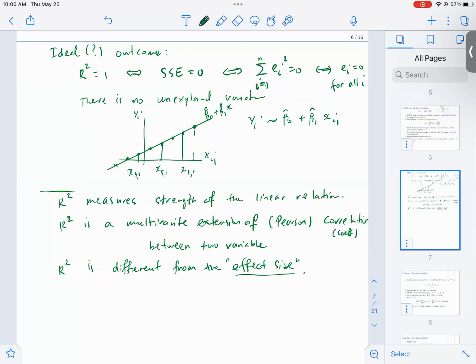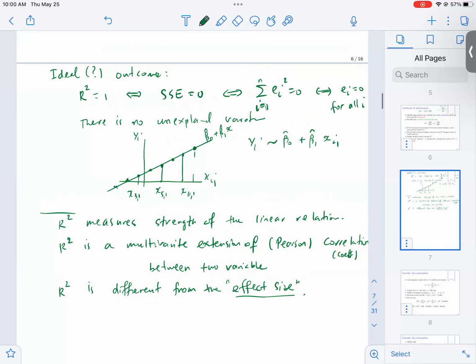What is the effect size? Has anyone heard that? Usually they refer to the values of the beta hats that you estimate, or the actual betas. Basically, these are the estimates of the effects. So the actual value of beta is the effect size.